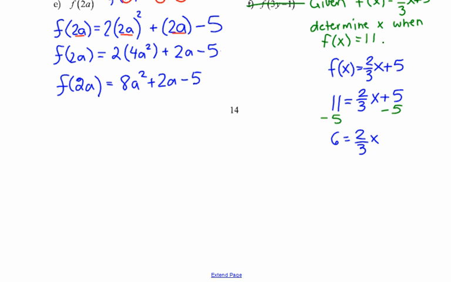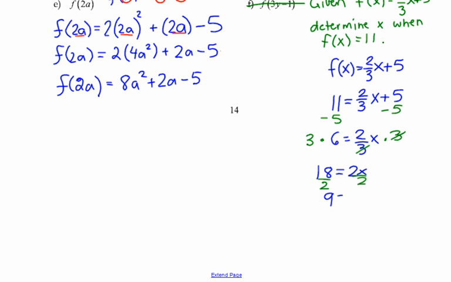Times both sides by, what's on the bottom? 3. So multiply both sides by 3. The 3's will then cancel out. 3 times 2, pardon me, 3 times 18 equals 2x, and then divided by 2. And we get x equals 9.